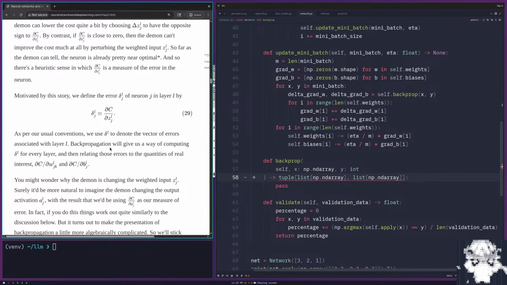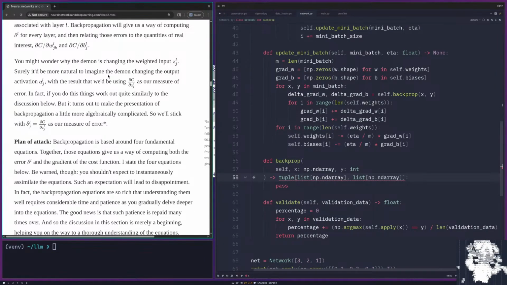As per our usual conventions, we use delta L to denote the vector of errors associated with layer L. Backpropagation will give us a way of computing delta L for every layer, and then relating those errors to the quantities of real interest, the derivative of C with respect to WLJK, and the derivative of C with respect to BLJ.